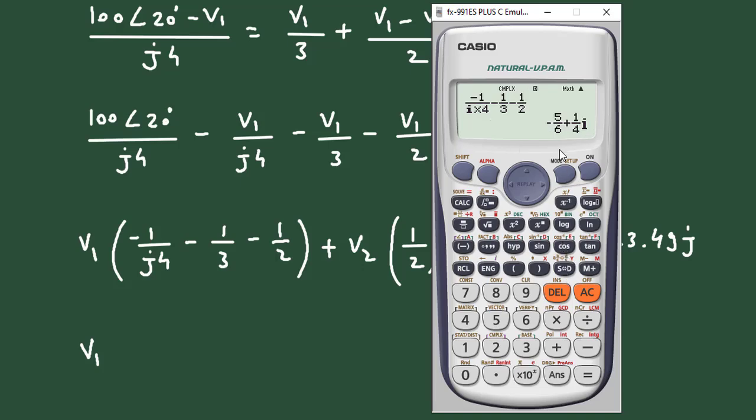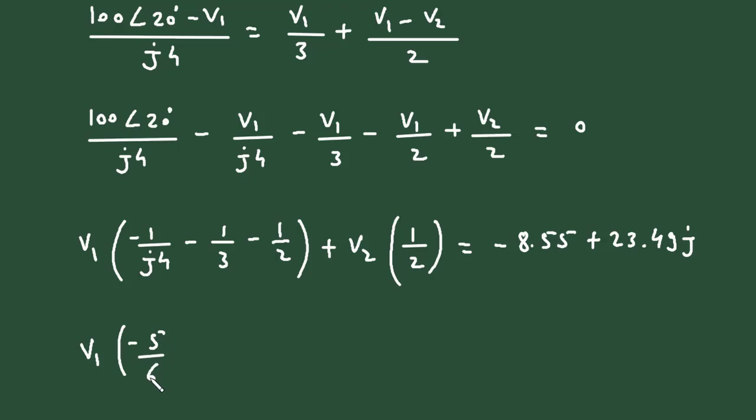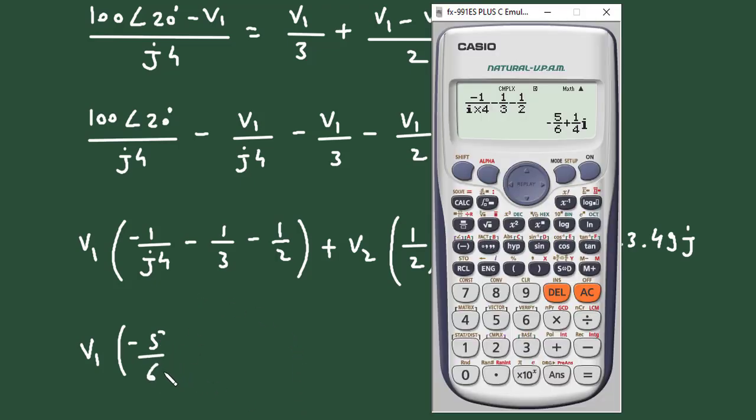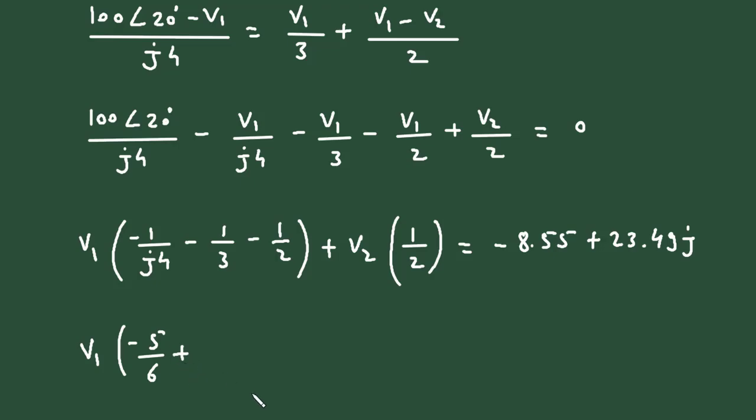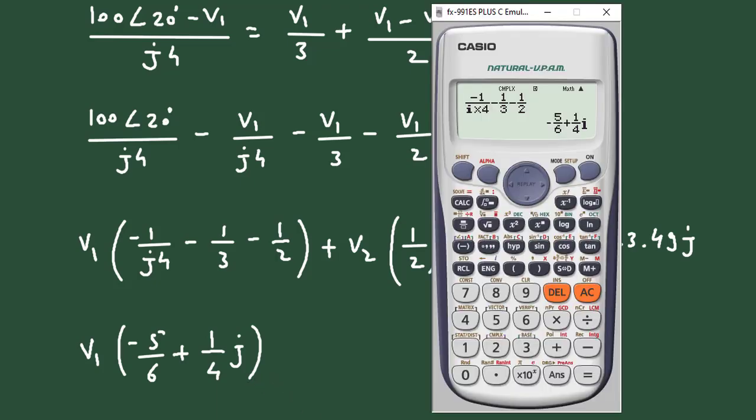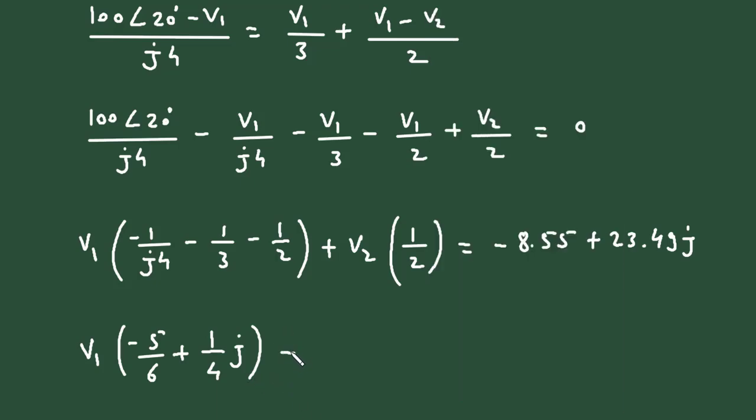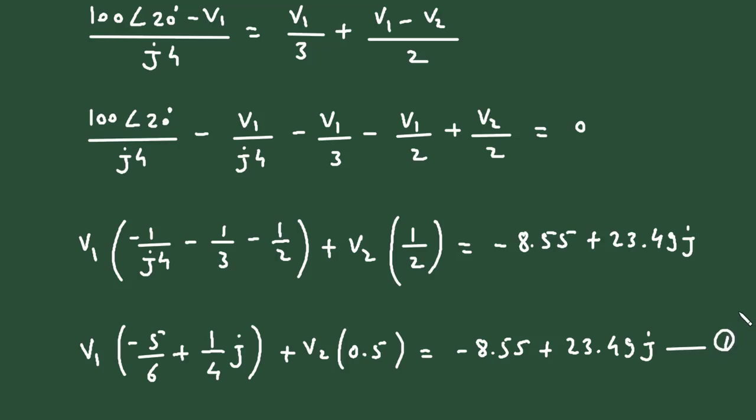So it is minus 5 by 6 plus 1 by 4 j, plus V2 into 0.5 is equal to minus 8.55 plus 23.49 j. Let's assume this as equation number 1.